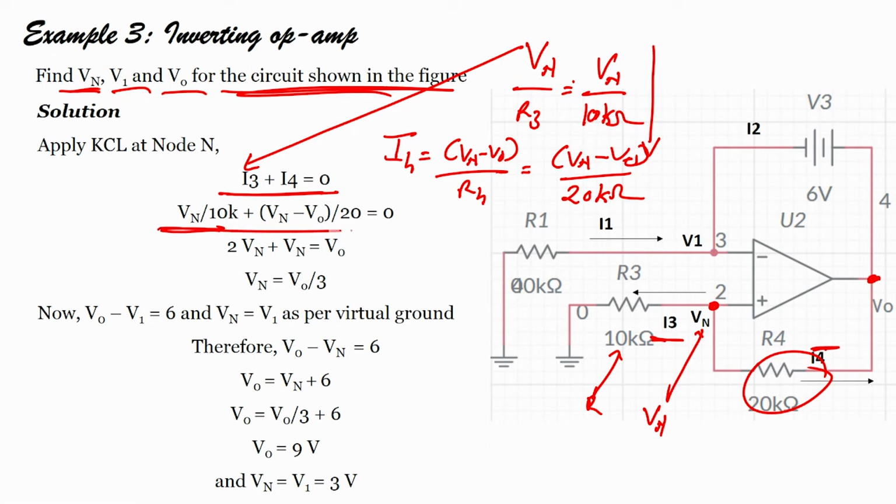This is what I have written here. So, when you solve it, you will find that Vn equals Vo by 3.